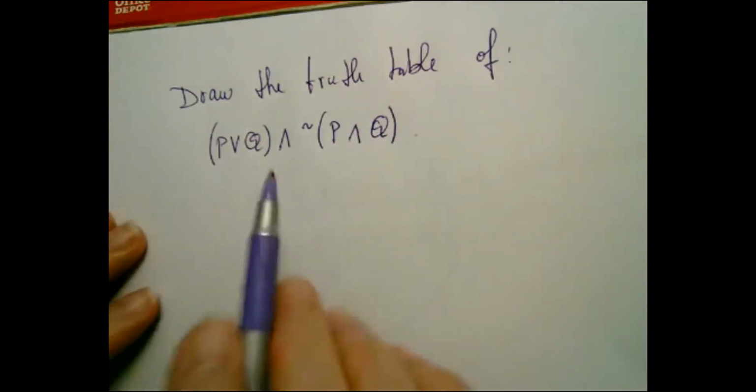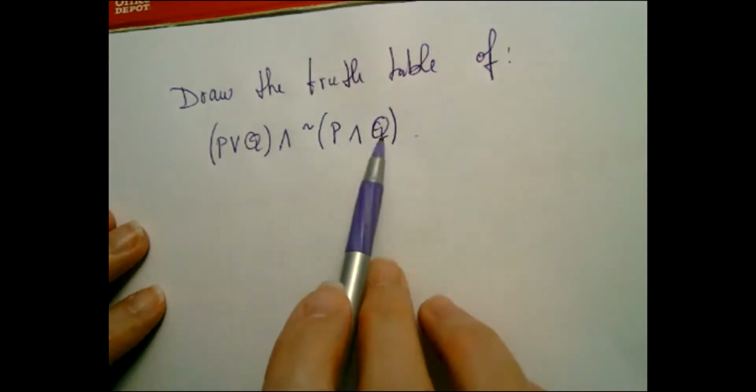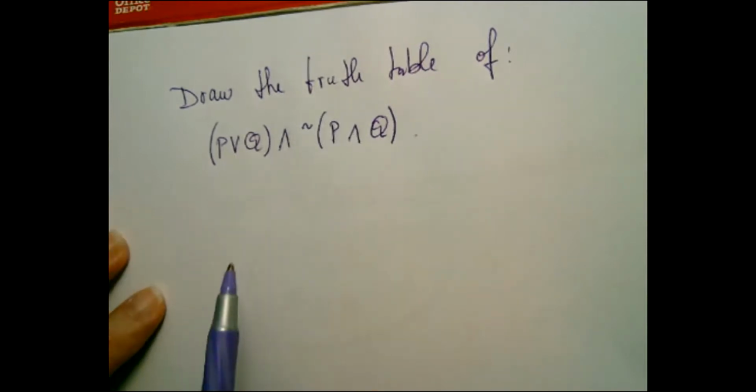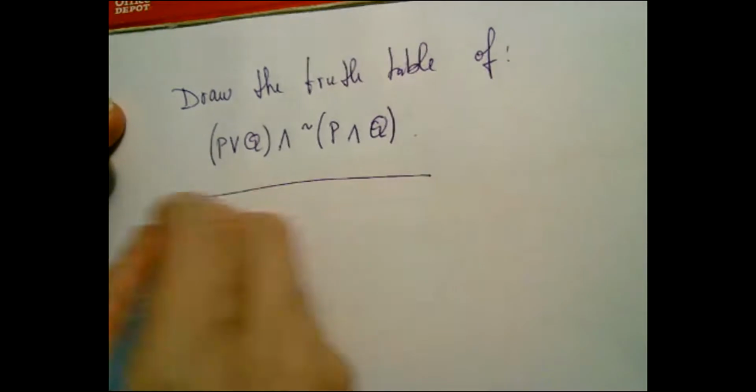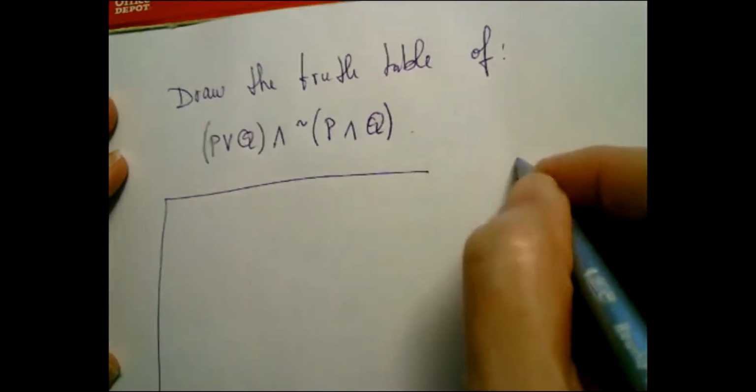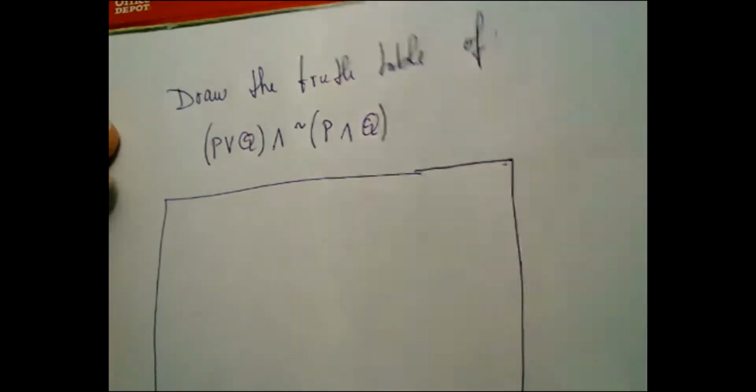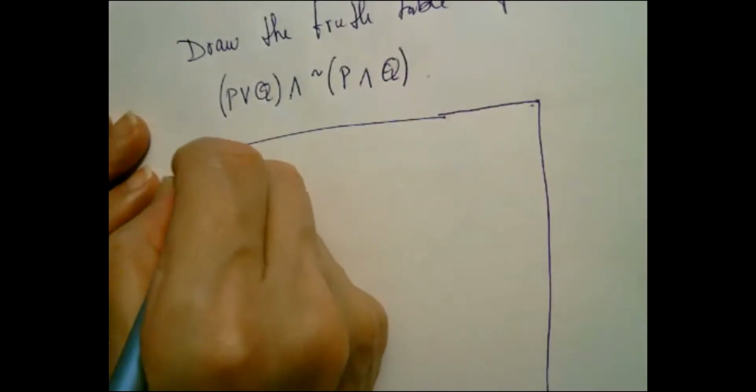It means draw a table that tells you the truth value of that for every possible value of your components. Now, we have a table here, and one column has all the possible values of P and Q. And then the rest, we'll do it slowly.